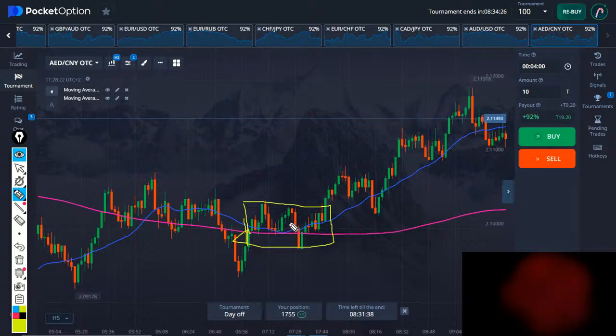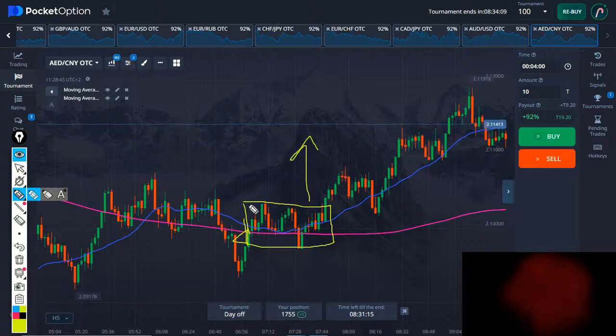Also, a note over here, if the price is moving sideways above the 200 and the 20, you are looking for buys. If the price is moving sideways or in a narrow state below the 200 and the 20, you are looking for sells. And this situation is clearly moving above the 200 and the 20 simple moving average.